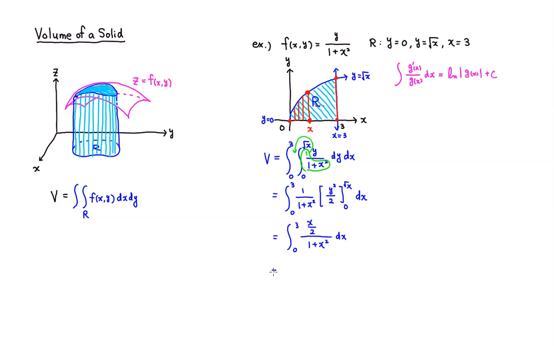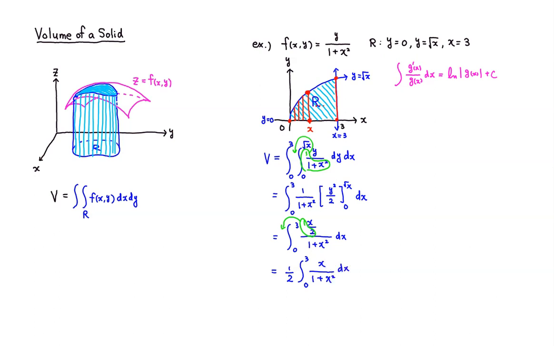First I'm going to pull 1/2 outside. Then we have an integral from 0 to 3 of x over 1 plus x squared dx.